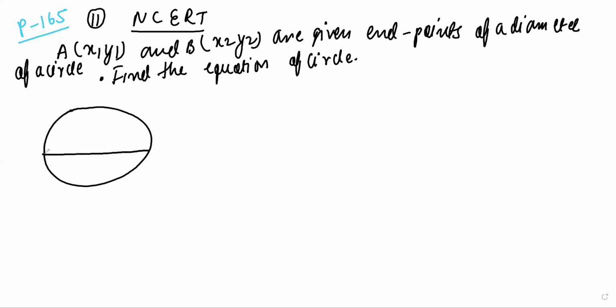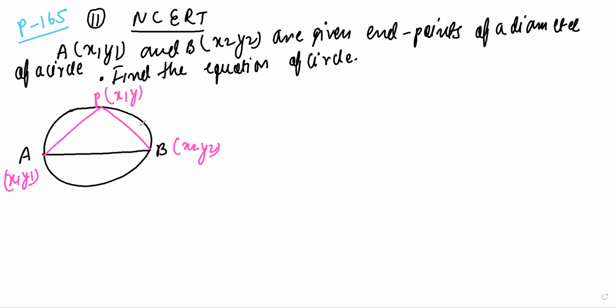And this is the diameter having points A and B, having coordinates x1, y1, and this is x2, y2, and this joins the point P at the circumference, that is x comma y.